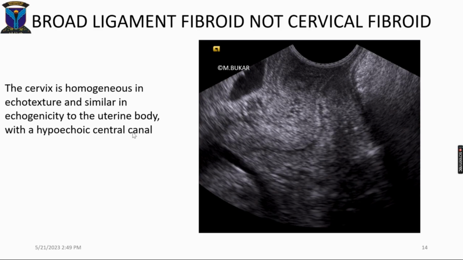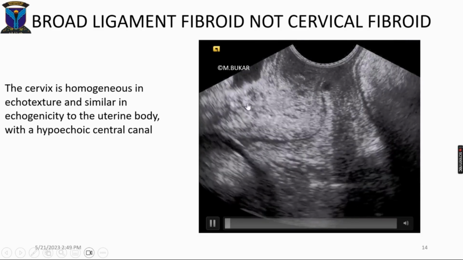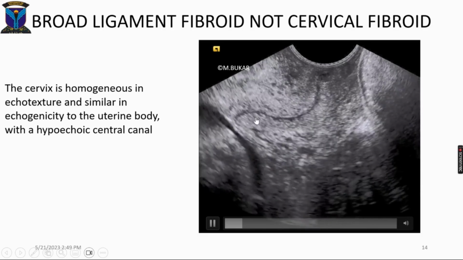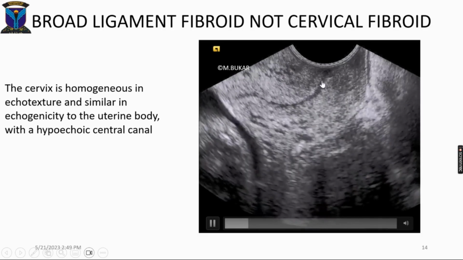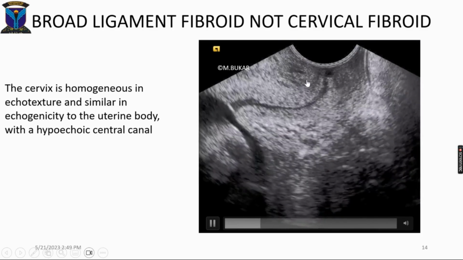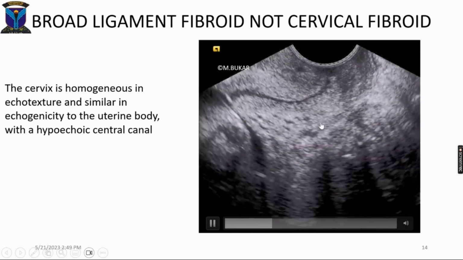a hypoechoic central canal, and this is the presenting part. So bladder, cervical, hypoechoic cervical canal, echogenic cervical mucosa, and the less echogenic cervical stroma.